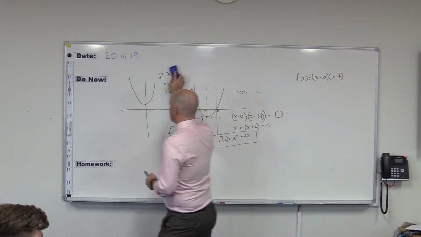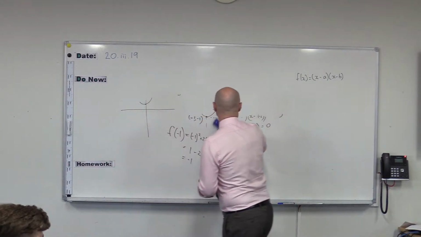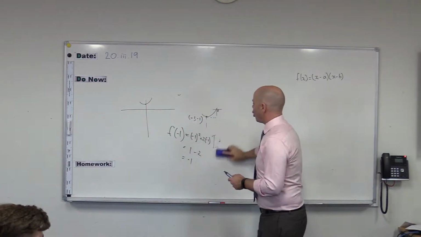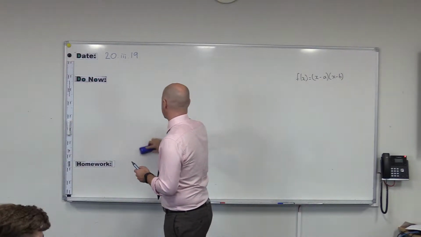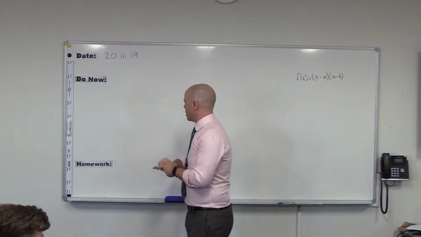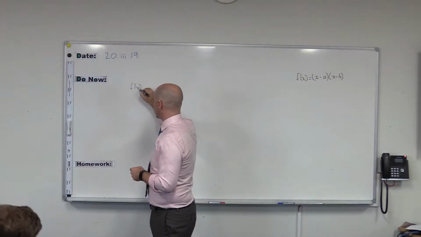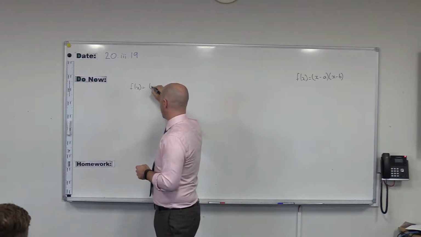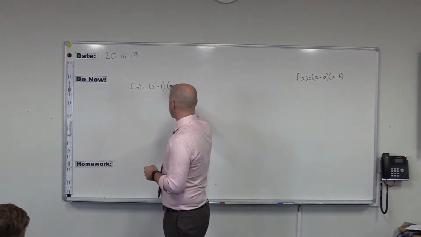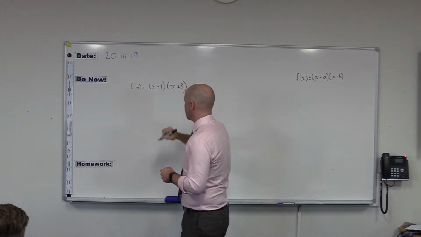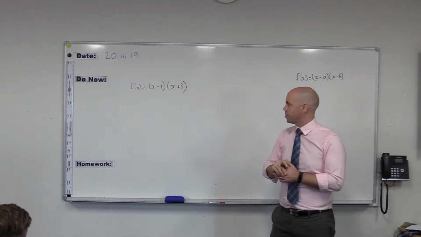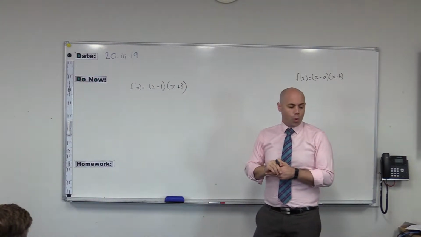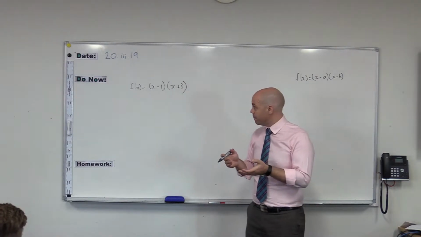Okay. So that's really helpful when it's drawn for us or when the equation is already in a form that tells us its roots. So if we've got a function of x equals x minus 1 brackets x plus 3, where is its minimum?